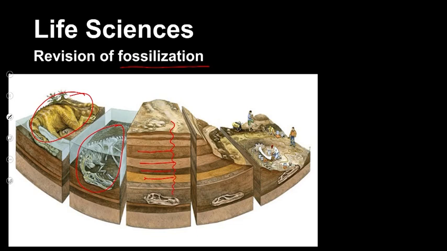Groundwater comes through with minerals in it, and the minerals go into the skeleton, and gradually, over millions of years, what was bone turns into stone. Depending on what happens on the surface of the Earth, sometimes erosion occurs, and eventually our fossil is exposed so that we can see what it looks like, and the paleontologists can work out what it comes from, where it lived, things like that.